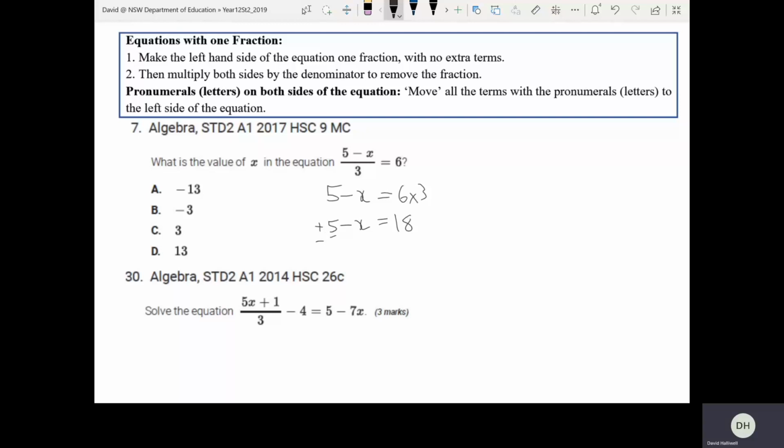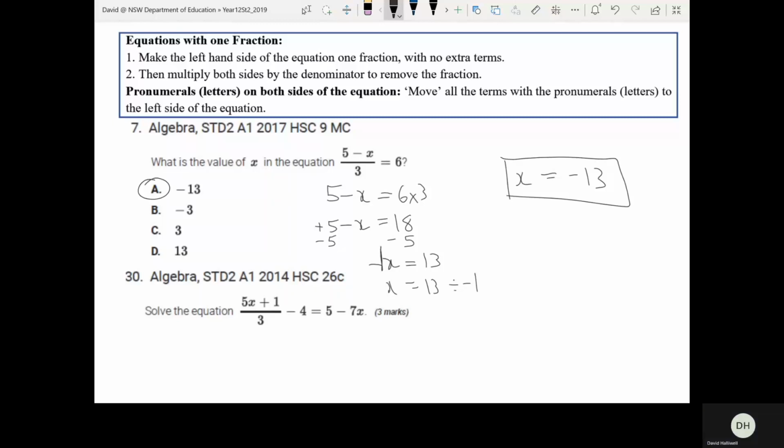So you've got to do the opposite, you -5 from both sides. So we get -x is equal to 18 take 5, which is 13. If -x is 13, well, +x must be -13. Okay, the way you can think about this is you're dividing both sides by -1, because it's -1 times x. Okay, and you get -13.